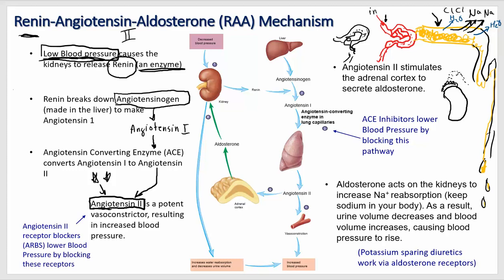So we've reclaimed fluid, and that fluid is going to be in the body, which is going to increase the pressure. As a result, urine volume decreases, so we're going to have less urine flow, and blood volume increases, and that's going to cause blood pressure to rise.